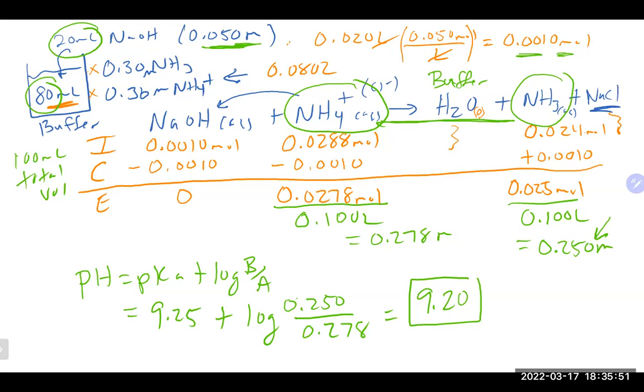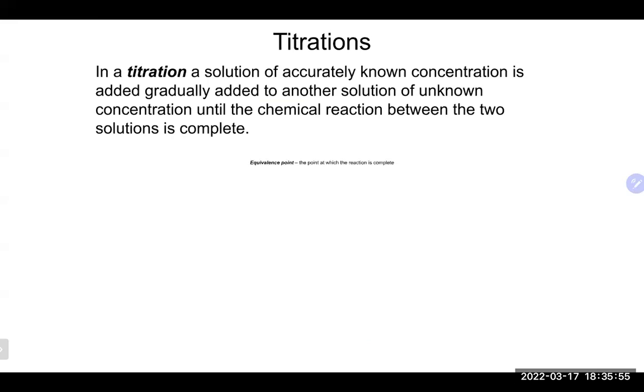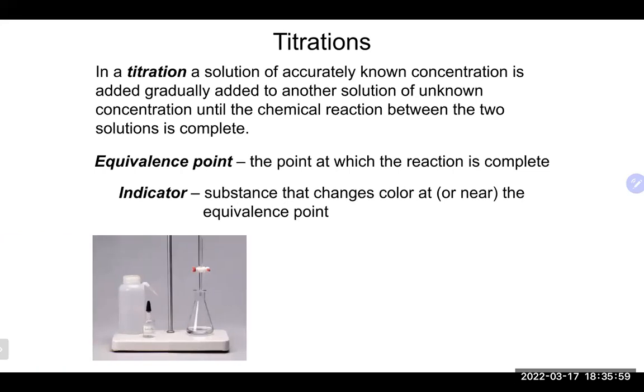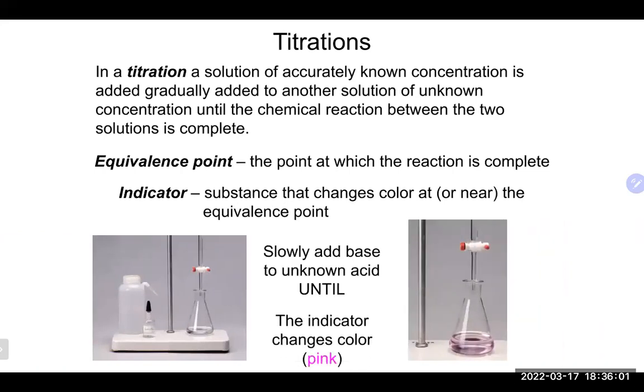Okay. Then we're going to talk about the next big topic, which is titrations. Everybody's favorite. Yes. All right. So titration is a technique that we typically use when we're trying to find something that's an unknown.